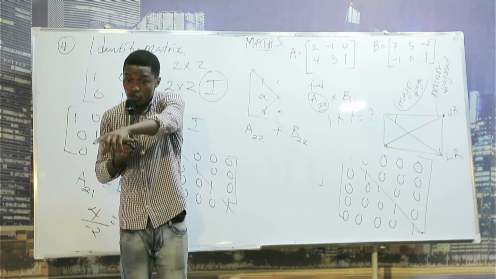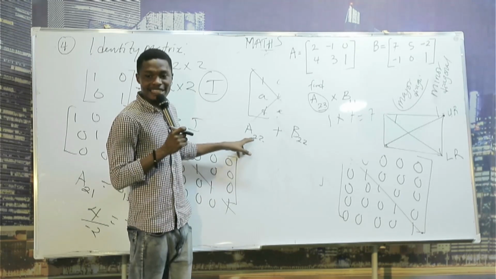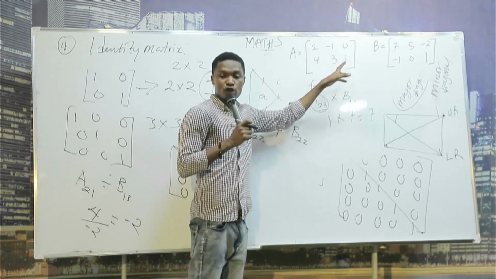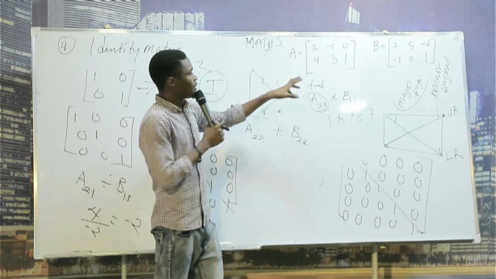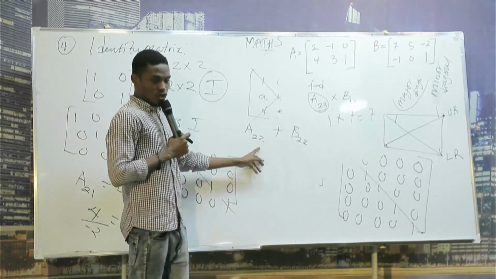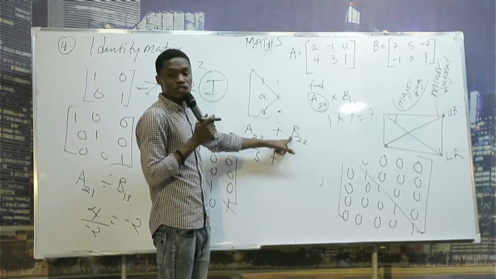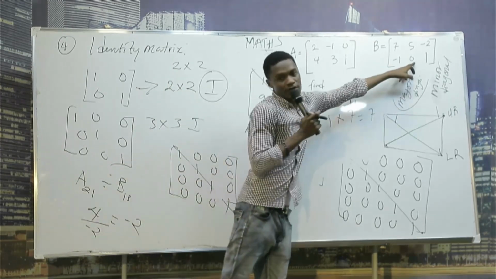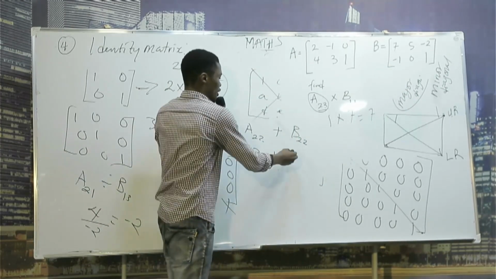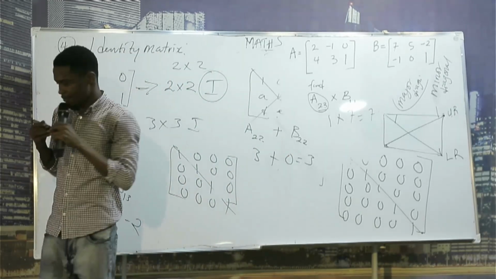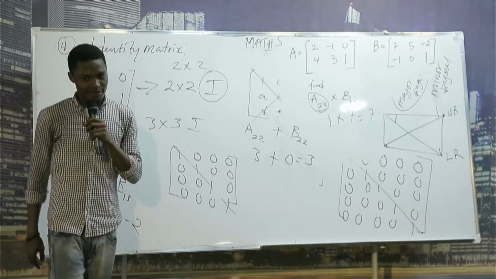If you come to the matrix A, what is in the 2-2 position? 3. You put it down. This is 3. Plus, if you come to B, which one is in the 2-2 position? 0. So 3 plus 0 is 3. Do you get it now? You don't want to say thank you?